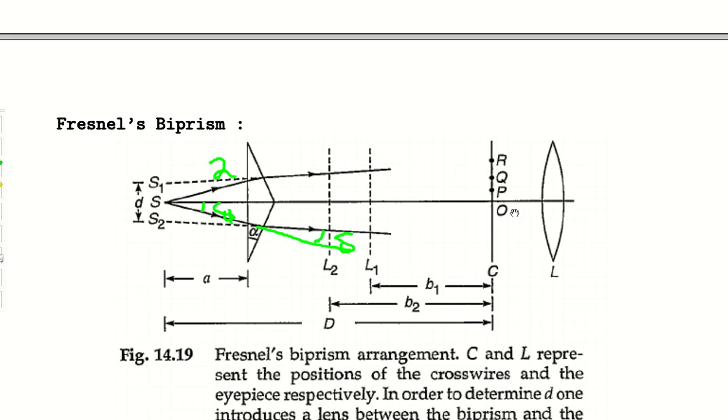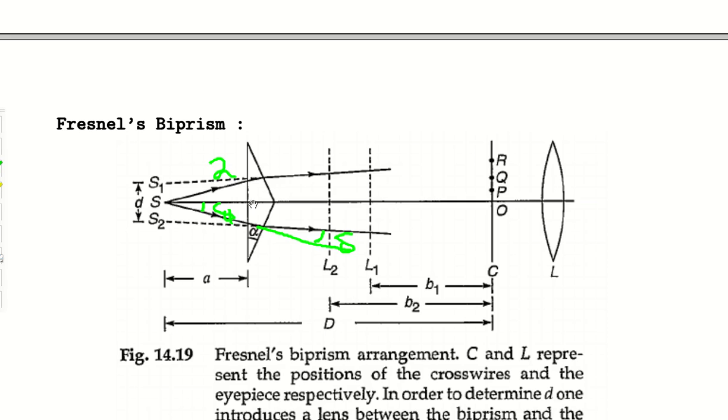So if you want to locate in some experiment where your central fringe is, you should use white light, because if you use monochromatic light, say a sodium vapor lamp, it will give you so many interference fringes that we can't practically detect where the central fringe is with our eyes.